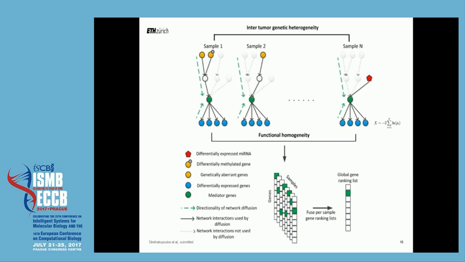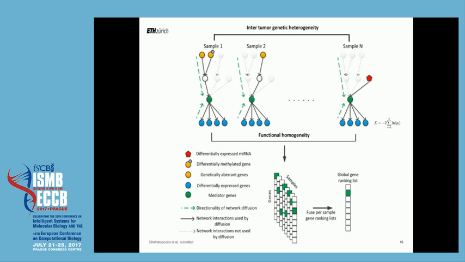So where I get a lot of diffusion from the potential causes and a lot of scores diffused from the potential consequences. We think of the consequence as a change in the gene expression program, in the gene expression patterns. These genes are shown here in green, and we like to call them mediator genes because they mediate the effect of genetic and maybe other, epigenetic, alterations on gene expression.